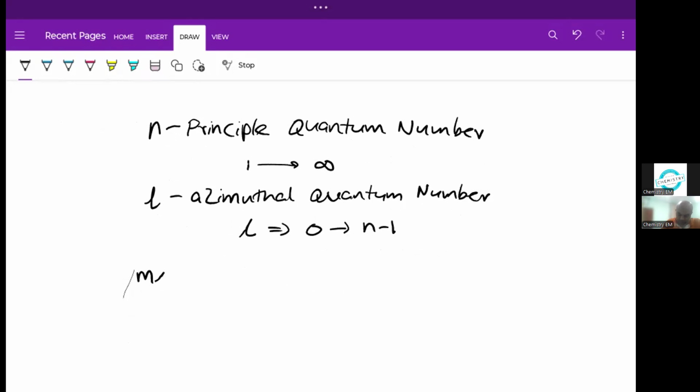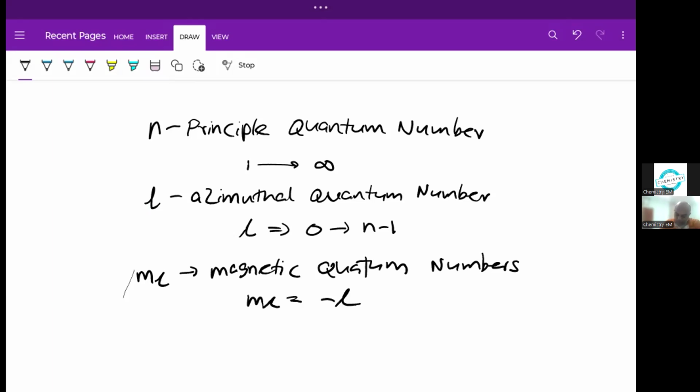Then we have magnetic quantum numbers. Sorry, azimuthal quantum numbers. Then we have magnetic quantum numbers. Magnetic quantum numbers are varying from minus L to plus L, including 0.